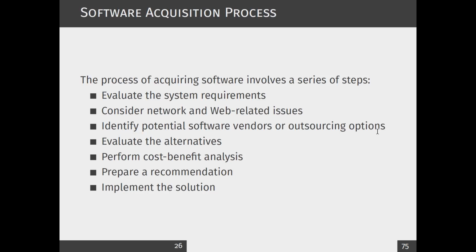Right. Let's look at the software acquisition process. When you're acquiring software, you have a series of steps. You have to evaluate the system requirements. You have to consider the network and web-related issues. Then potential software vendors or outsourcing options. You evaluate the alternatives and then perform cost-benefit analysis, you prepare the recommendation, and then you go for the implementation.